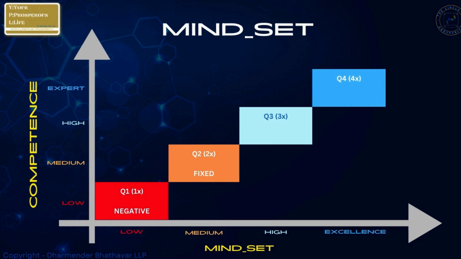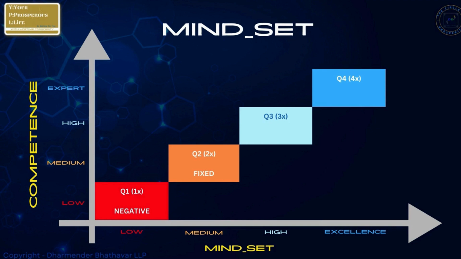So what is the shift they want to make from the fixed mindset? Well, one has to encourage themselves to shift to the growth mindset, where challenges are embraced, effort is seen as a path to mastery, and setbacks are viewed as an opportunity to learn, and hence they are crucial for fostering resilience and unlocking their full potential.